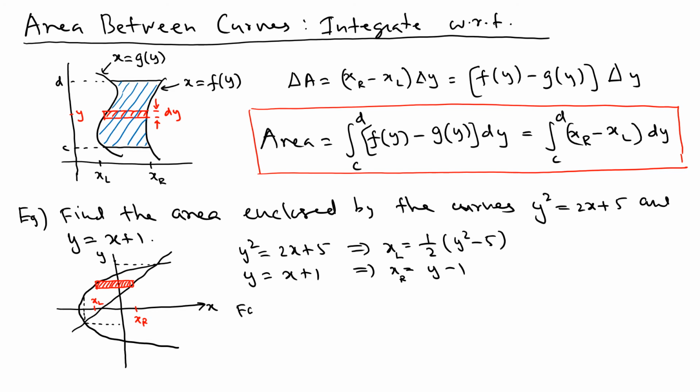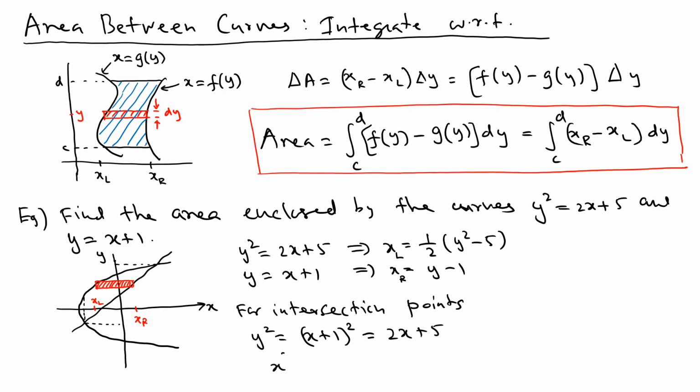So for intersection points, we can set them equal. In this case, we can set y squared equal, not y but y squared. So we set y squared equal, which means x plus 1 squared equals 2x plus 5.